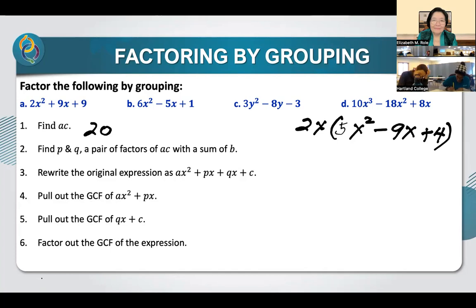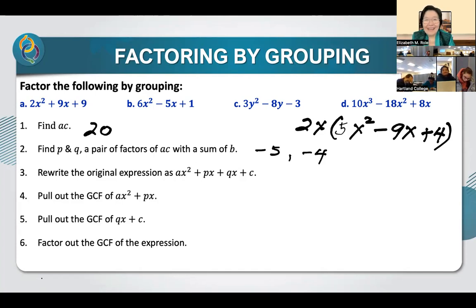Negative 5 and negative 4, right? Minus 5 times minus 4 is positive 20. Minus 5 plus minus 4 is minus 9.